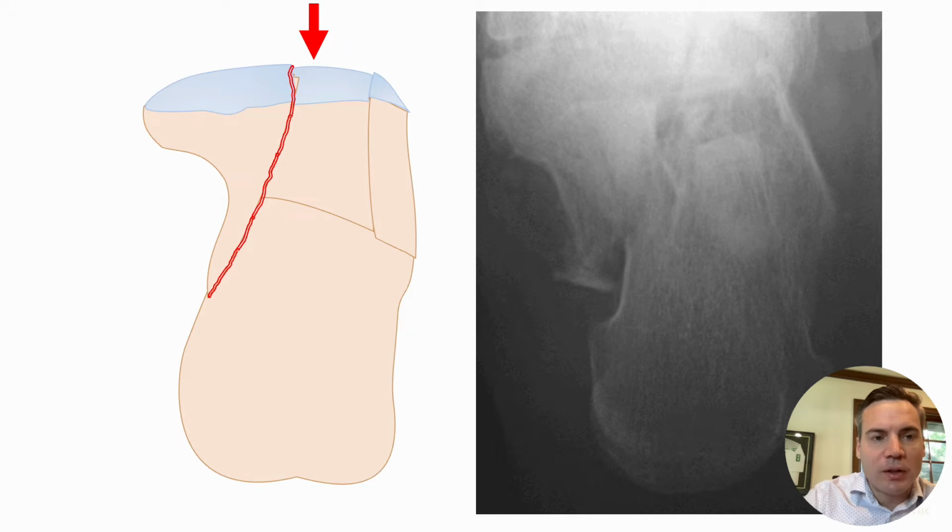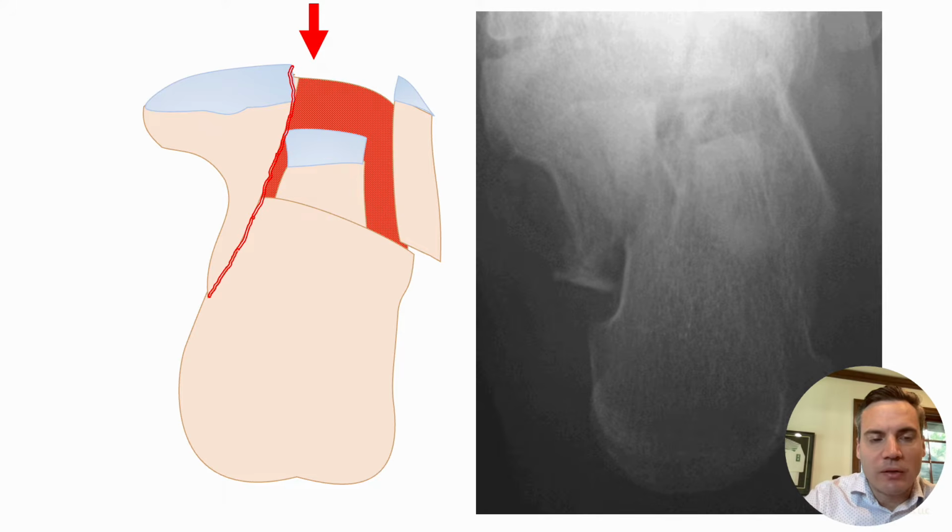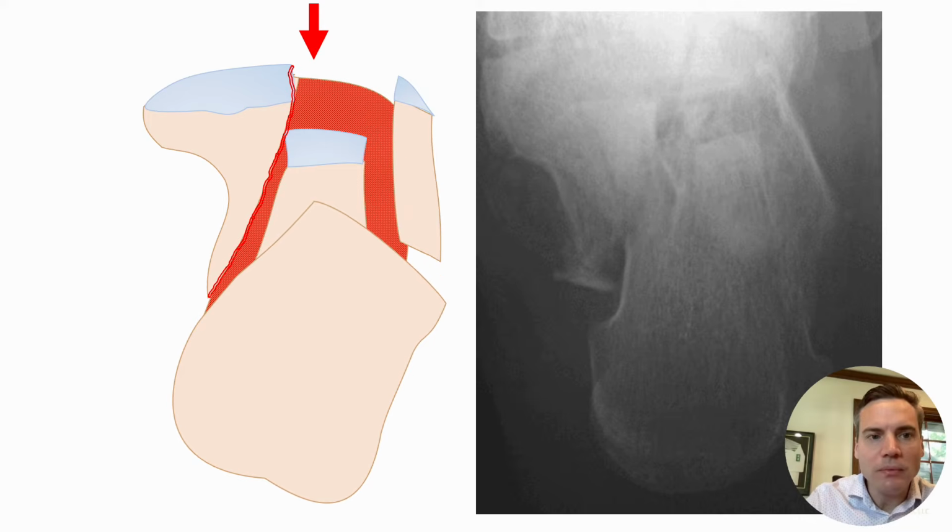So that central joint depression piece gets depressed down and the lateral wall gets pushed laterally. So it creates this widening effect. And then the tuberosity piece gets shifted into varus and it shortens like so.